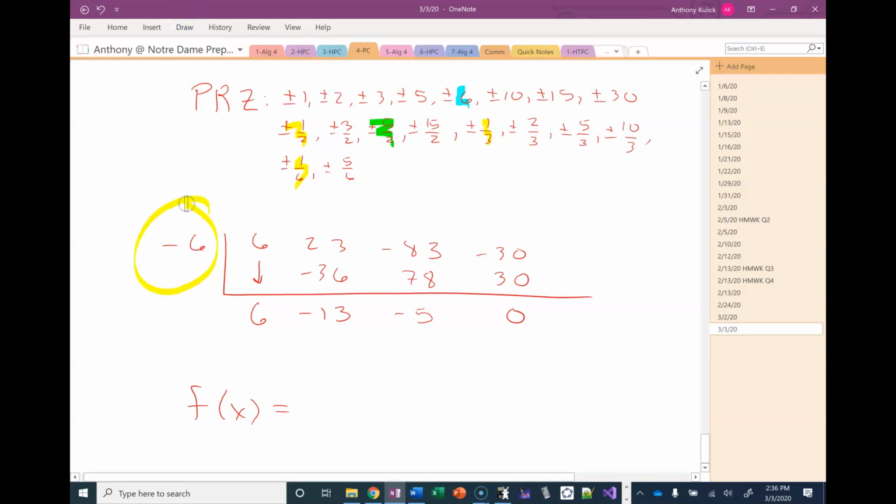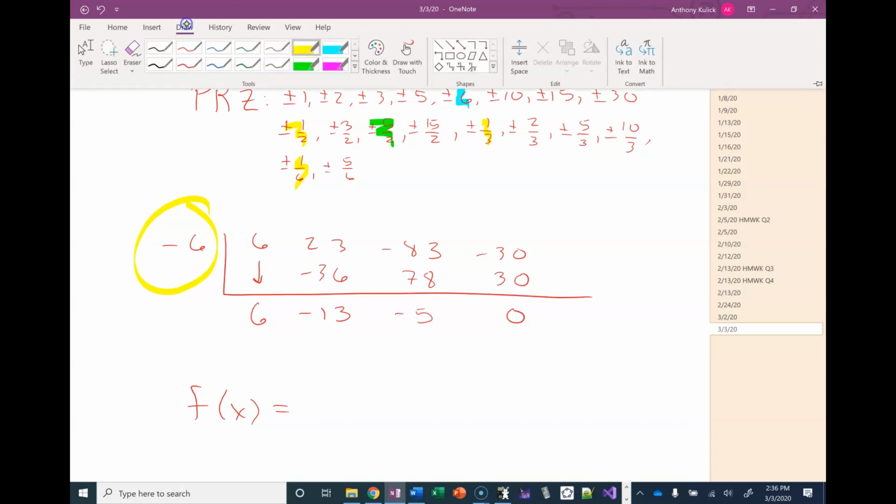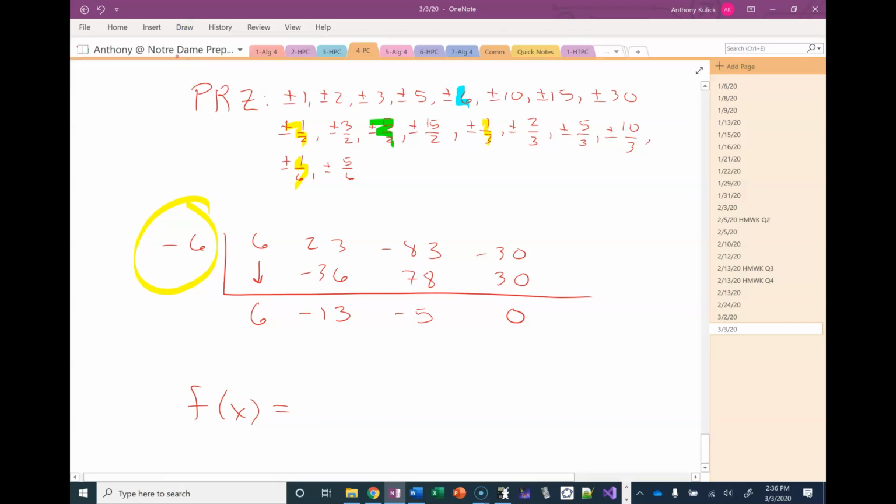One of the pieces is going to come from this. What factor comes from that? X plus 6. Because remember what this is. This is x equals -6. So if I add the 6 to both sides, I have my factor back again.